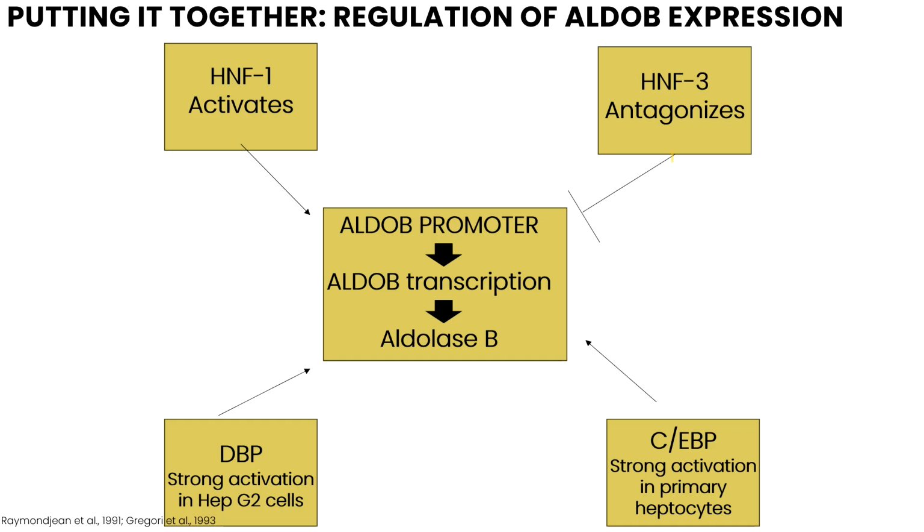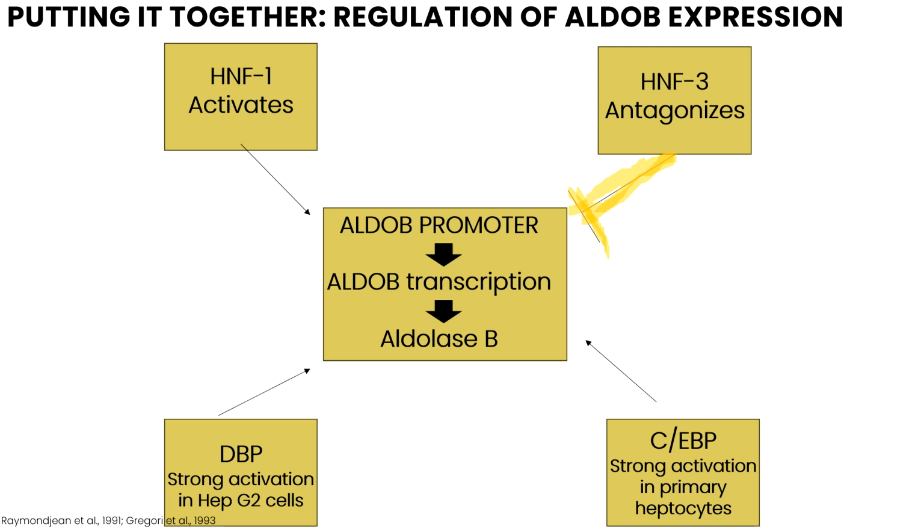The experimental findings supported the competition between these factors as one mechanism for controlling promoter activity, which is why we have the stop arrow, not the actual arrow that HNF1 has. So even at the same regulatory region, the transcription factor that occupies that site is able to change the transcription outcome.